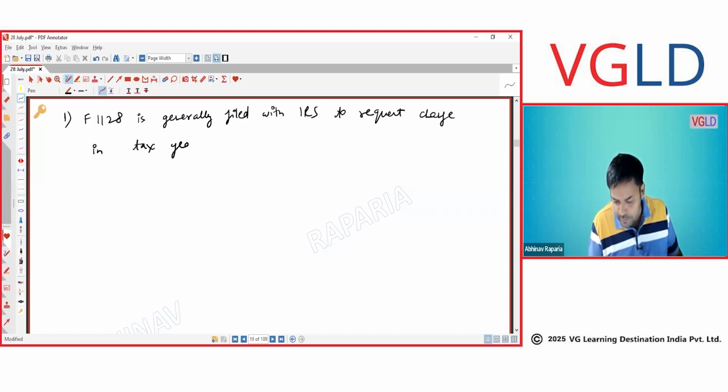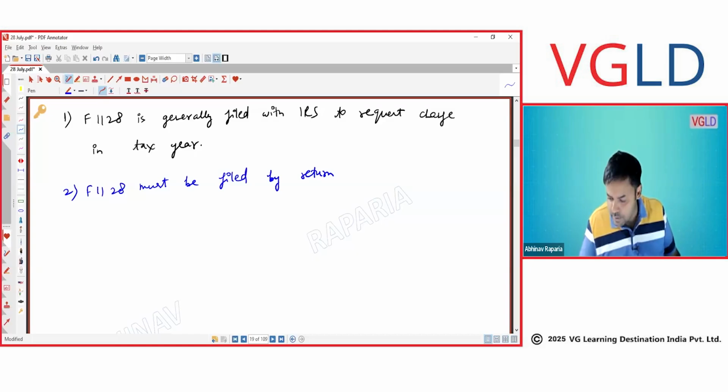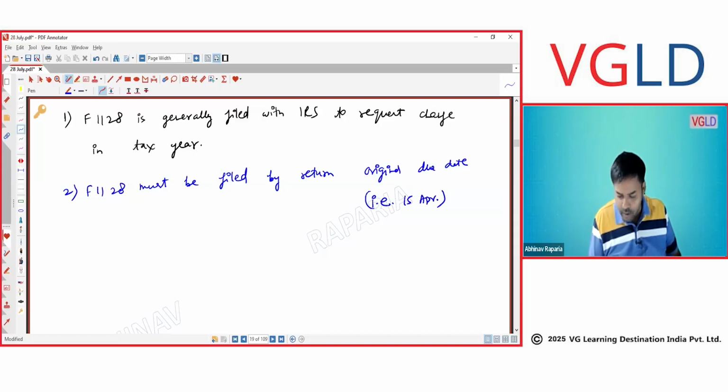Form 1128 must be filed by the return original due date. That is 15th of April, not extended.